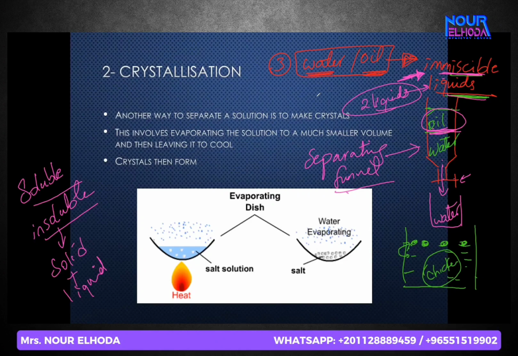But water and vinegar, miscible or immiscible? If we put some water with vinegar, what do you think? Try it at home. Miscible, of course. Correct, miscible. They mix together.